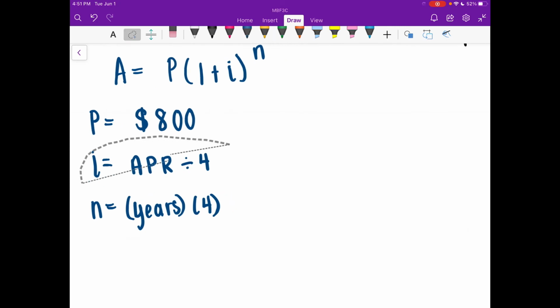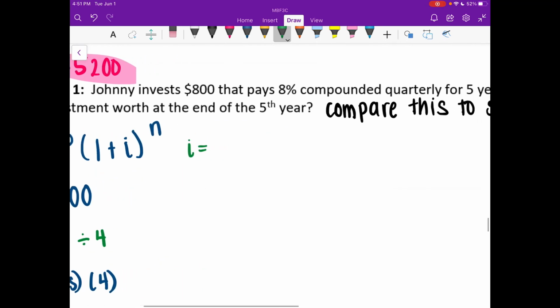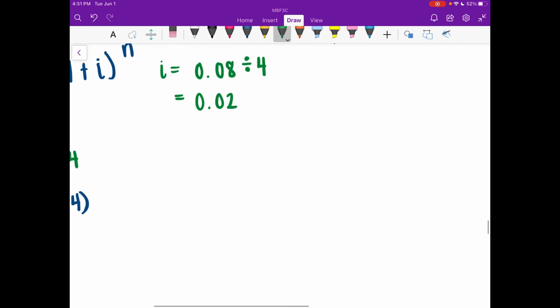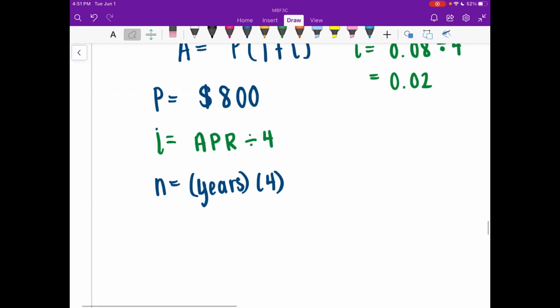I'm going to put interest in this green. Interest is equal to our annual interest rate, which is 0.08 because it's 8%, divided by 4 because it's over 4 compounding periods. So 0.08 divided by 4 is going to give us 0.02.